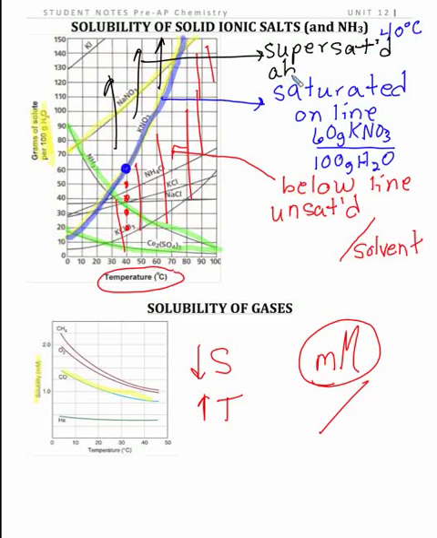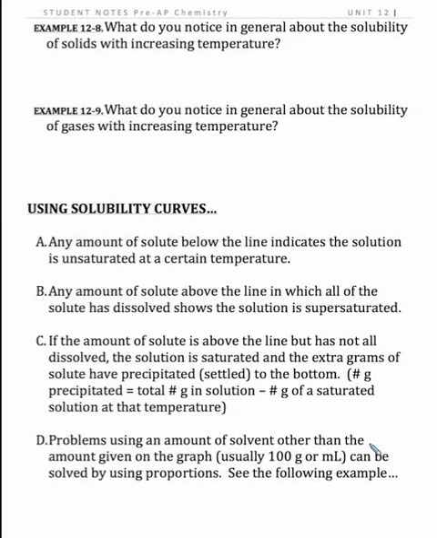Notice I'm using a shorthand for saturated there. So for 40 degrees, 80 grams would be supersaturated, 90 grams and 100 would be supersaturated, 120 grams. Anything above 60 grams would be supersaturated at 40 degrees.